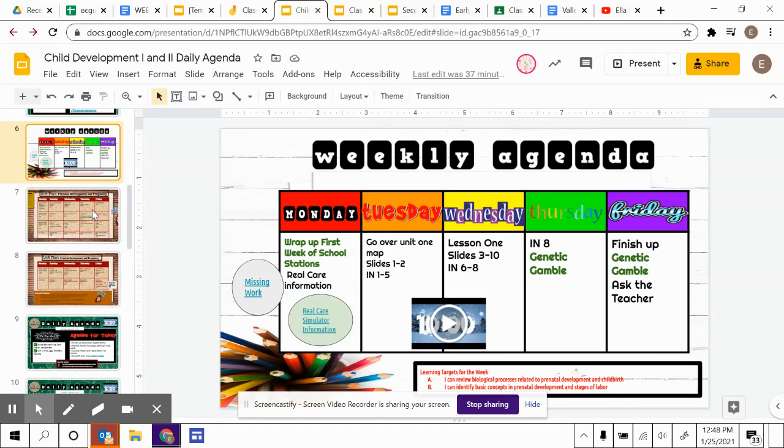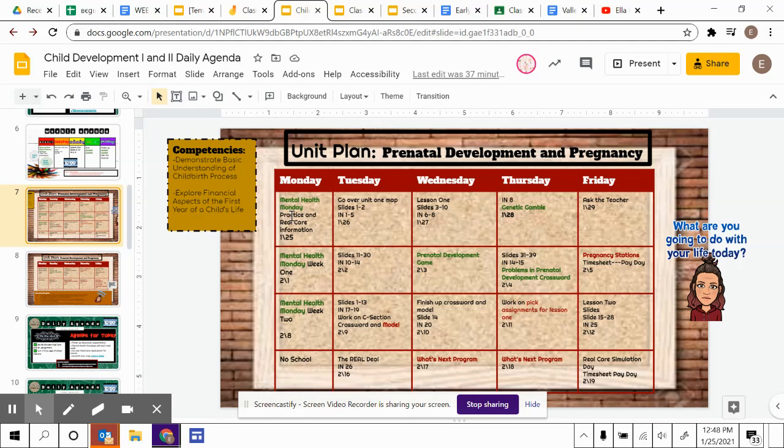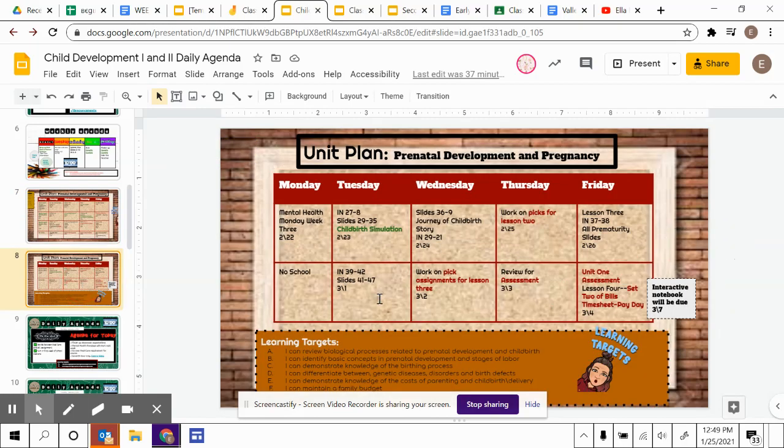So what I told everyone in class today was that if you see an assignment and it is green, that means it is a formative assessment. If you see red, that is a summative assessment. These two slides here, this goes through your entire unit of study for prenatal development and pregnancy. So you'll be able to kind of map out when things are due. We'll stick pretty closely to this schedule.